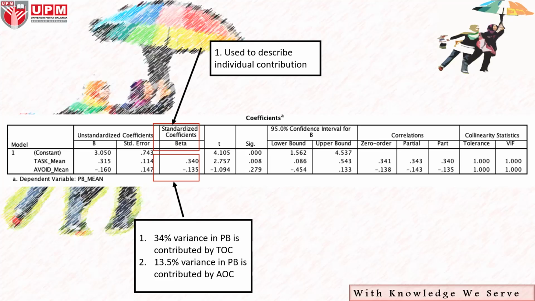Meanwhile, 13.5% of the variance in philanthropic behavior is contributed by avoidance-oriented coping. For the standardized coefficient beta, regardless of the direction, positive or negative, we just describe the value regardless of the symbol in front of it. We do not read the symbol, we read only the value.